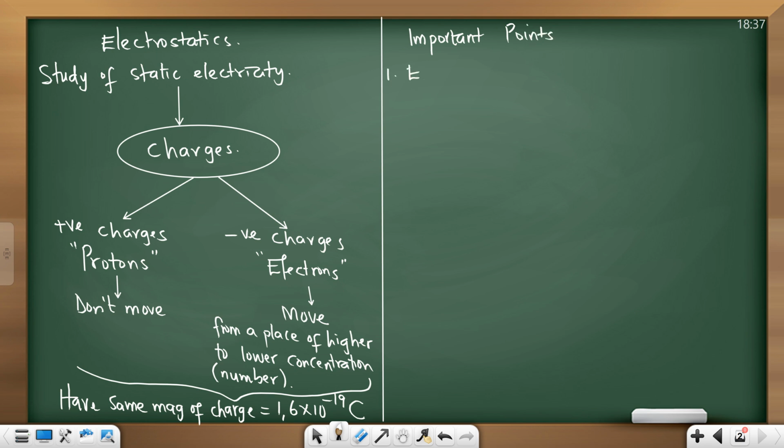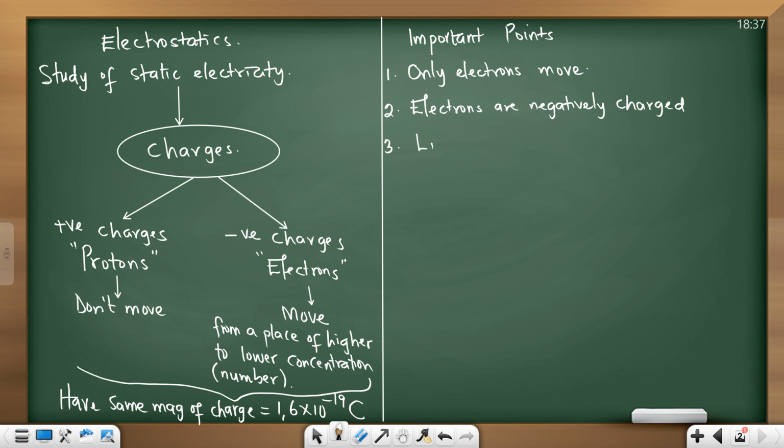Number one, only electrons move. Let's put that down. Only electrons move. That's very important. Number two, electrons are negatively charged.